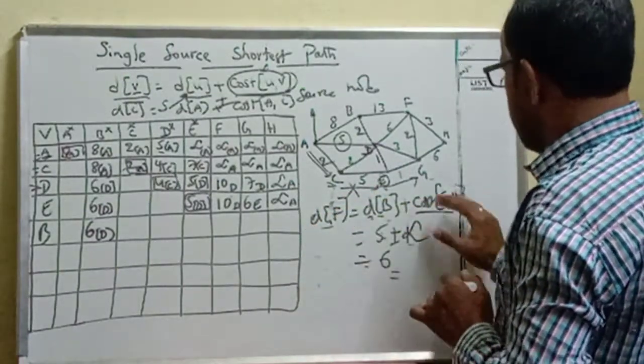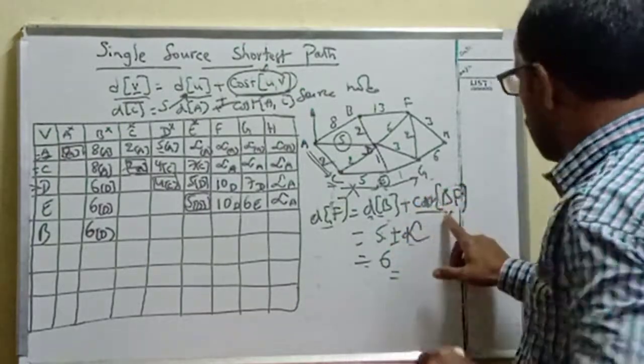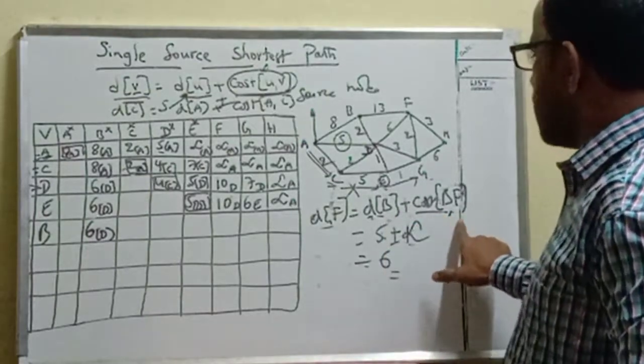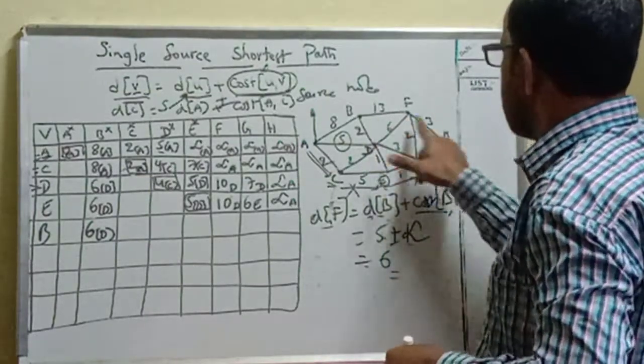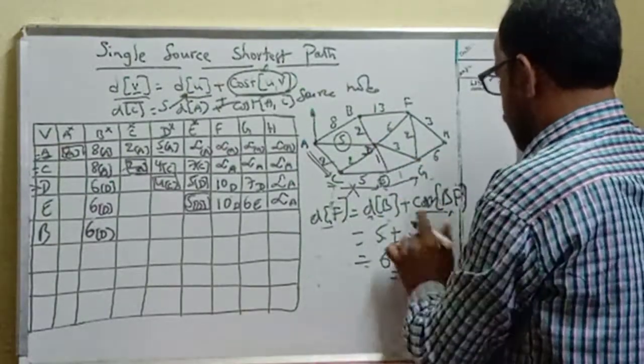Now I considered B is the intermediate node. Now consider B to F. B is fixed now; we are there at B. Now B to F is there an edge cost? Verify. Yes, B to F there is an edge cost, 13 units.